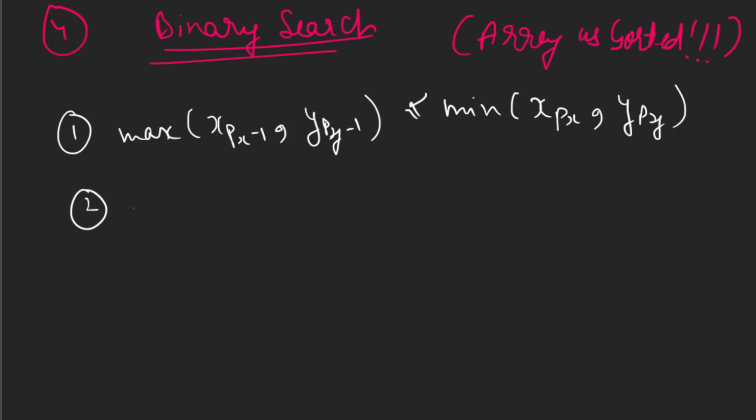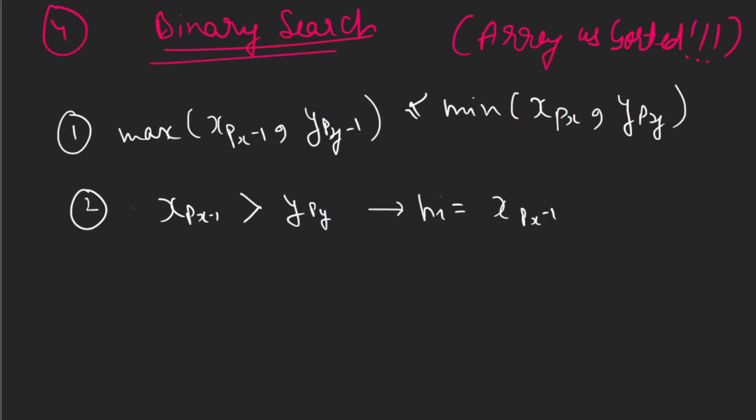The second condition is, if x of px minus 1 is greater than y of py, then we will move our high pointer to px minus 1.